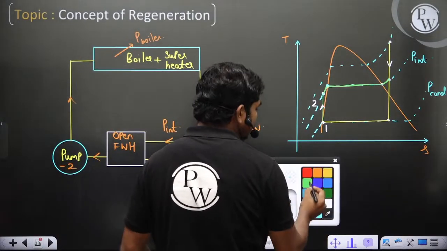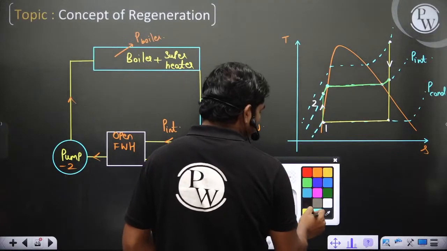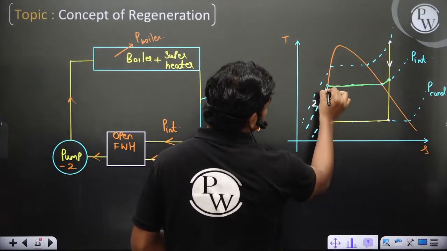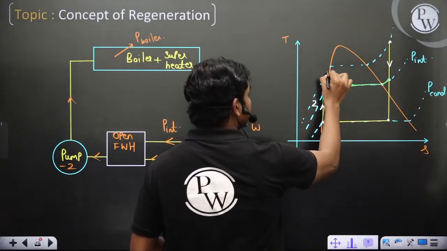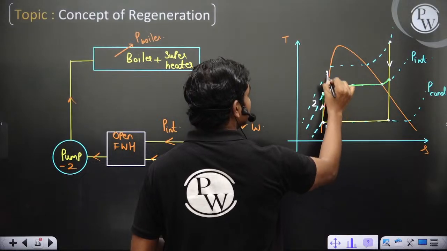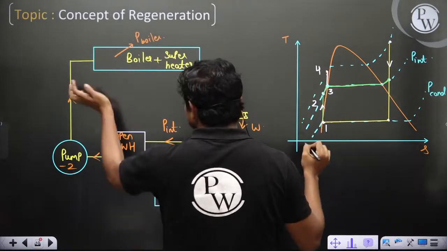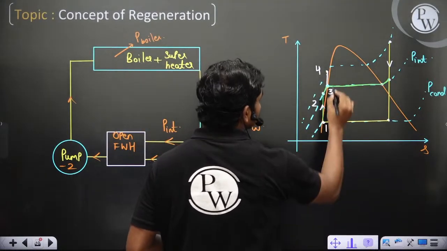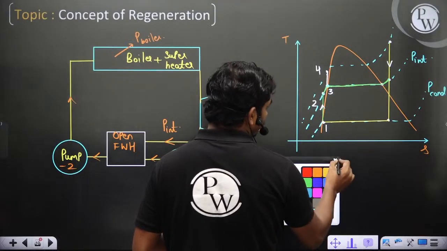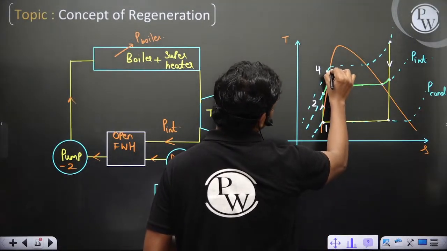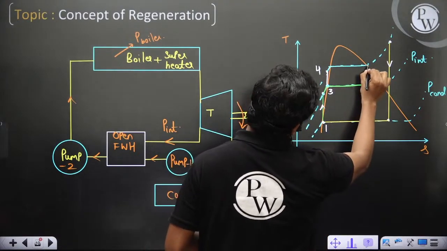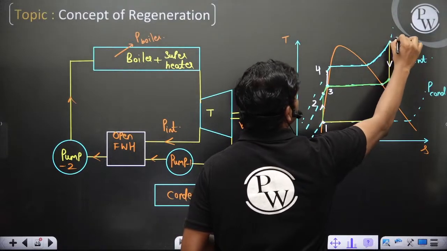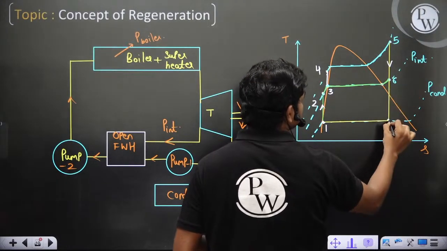So clearly you can see this state is raised from here to here. If this state is 3 and this state is 4, then the boiler takes care after that. The boiler does the heat addition. This is 5, maybe this is 6, and this is 7.